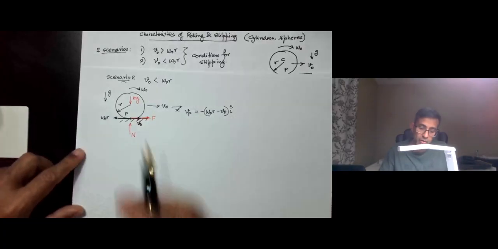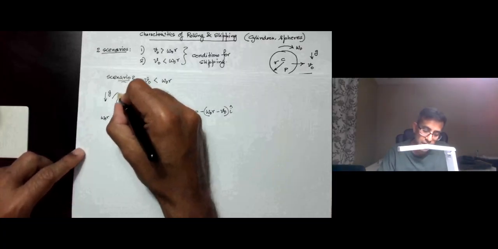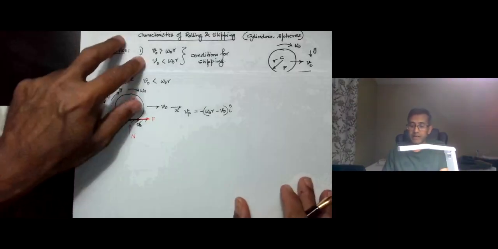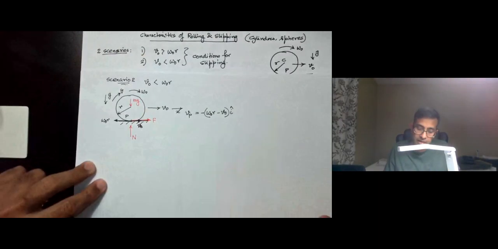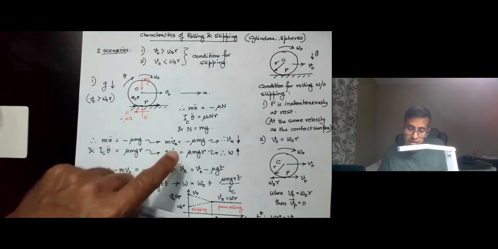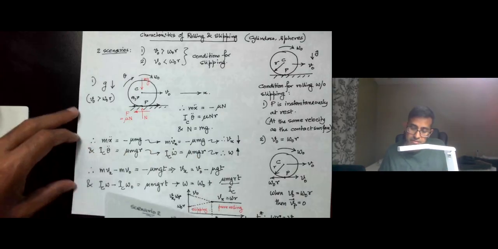Then let us write our equations of motion. This is the direction of positive theta. Let me make sure that my conventions are all the same. We have m x double dot, I_C theta double dot, omega, the normal reaction N, and mu is the coefficient of friction.